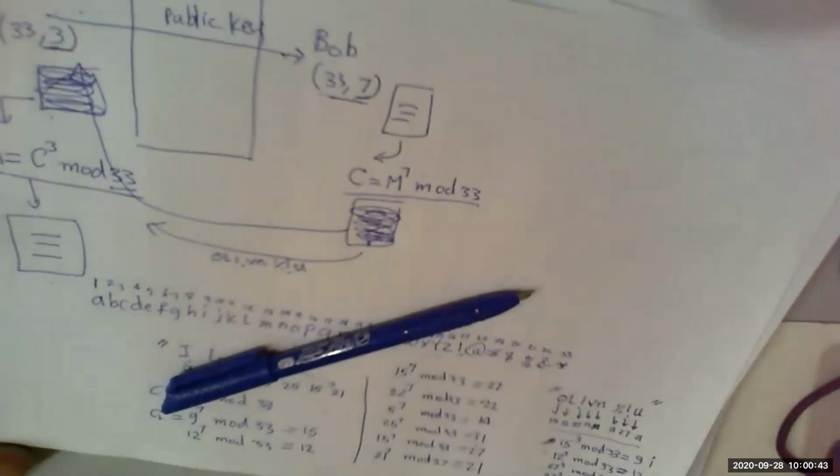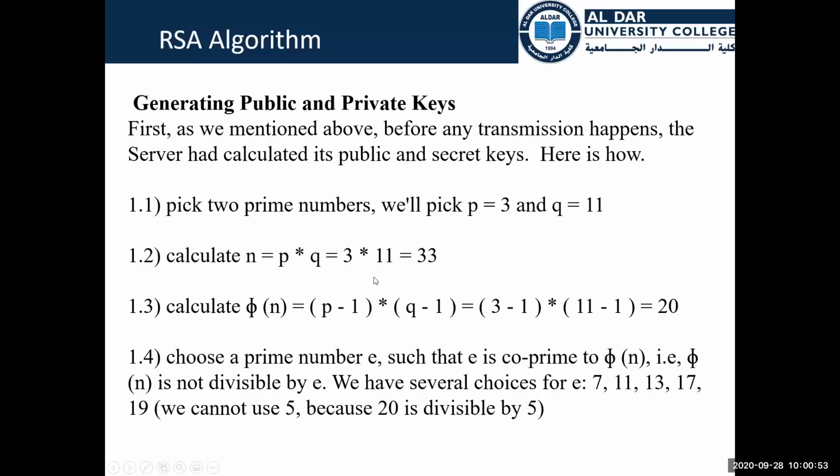No sending of the keys. The keys are kept at Alice's side, and it's more secure than other approaches. But as you see, this contains many calculations.